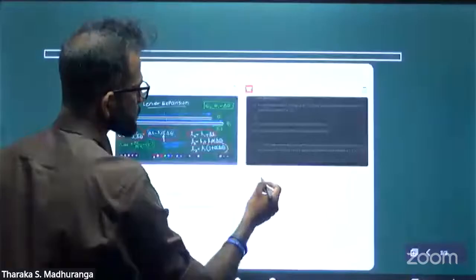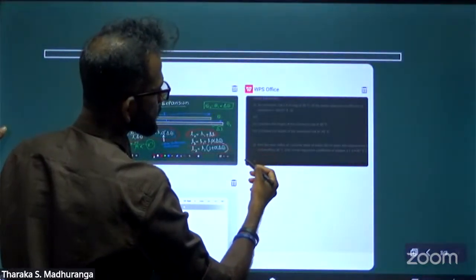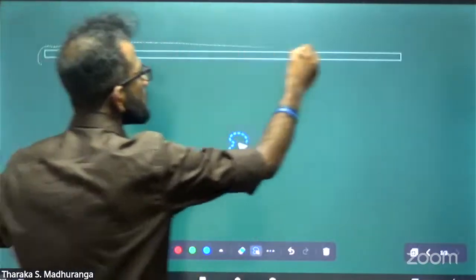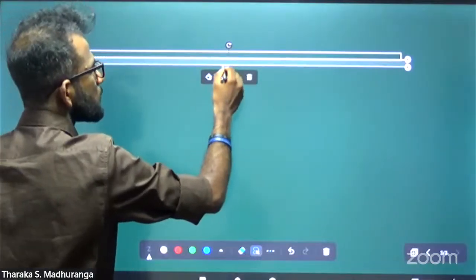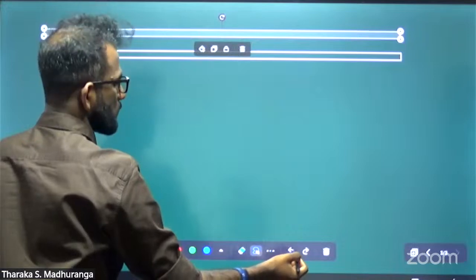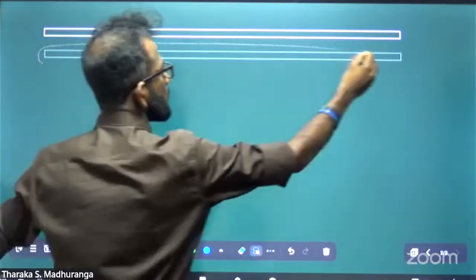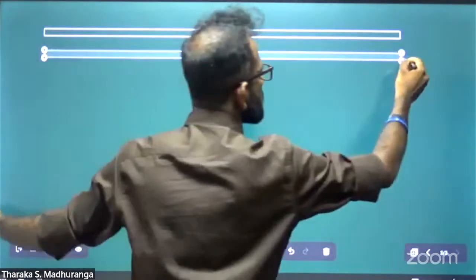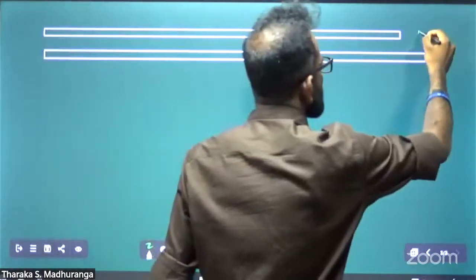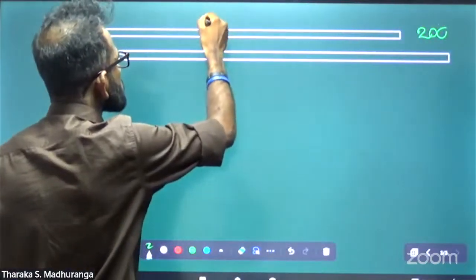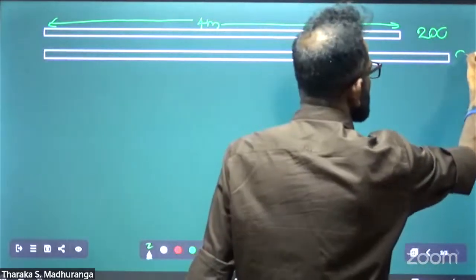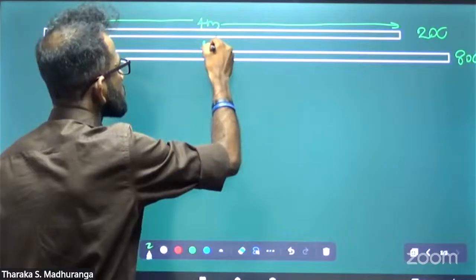Its length is 4 meters at 20 Celsius. The question asks, at 80 Celsius, what is the length? The L2 is being asked.